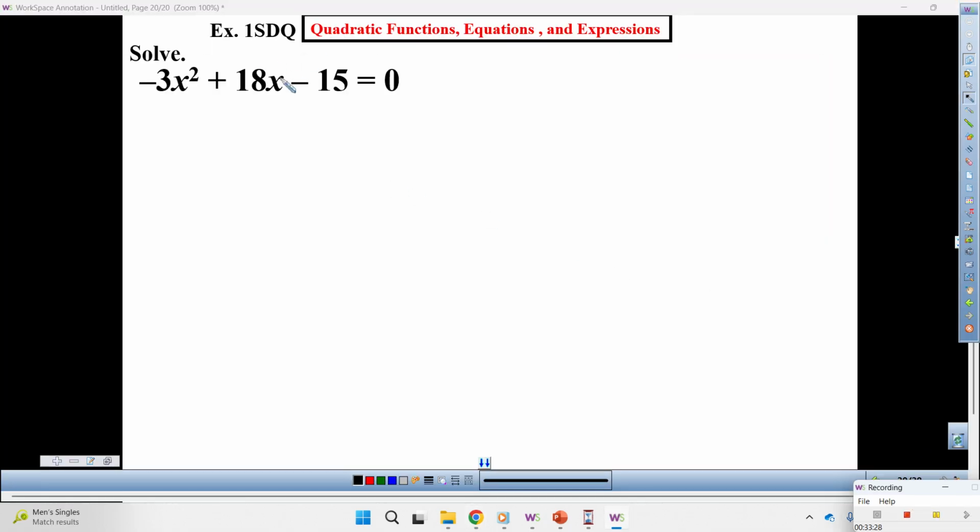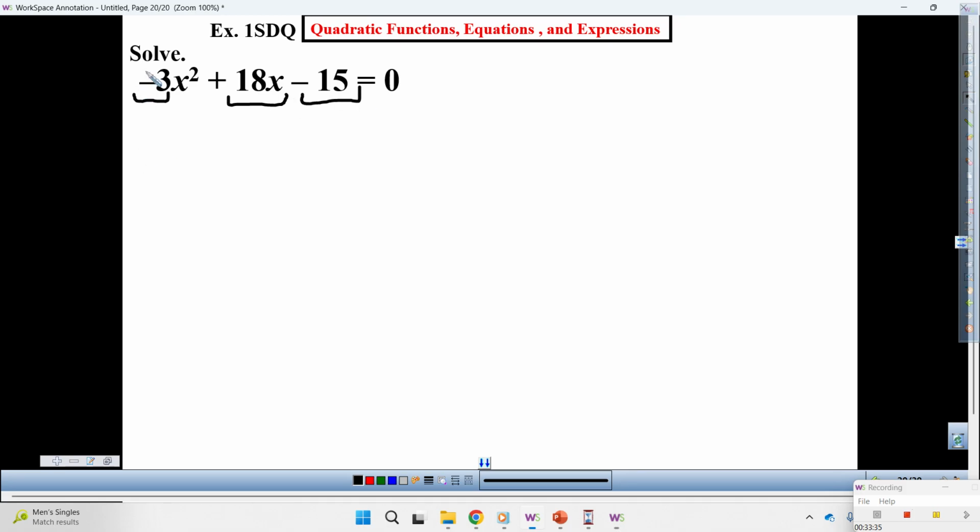Example 1, super duper Q. Negative 3x squared plus 18x minus 15 equals 0. All right, so look up, please. If you notice, this one has a number in the front. So before you go to the Power Rangers, I want you to see if there's a GCF that can divide all terms. What number can divide the first term, the second term, and the third term?